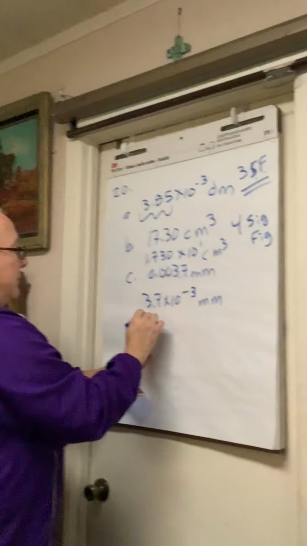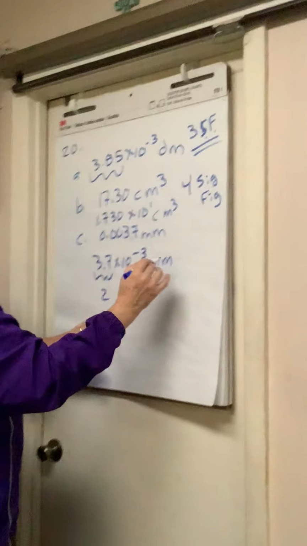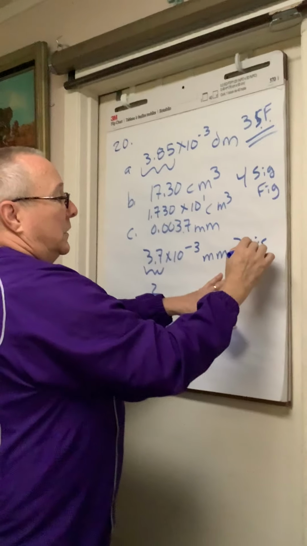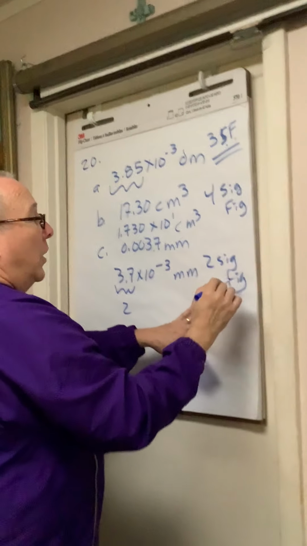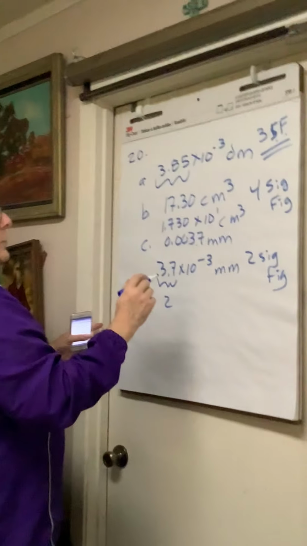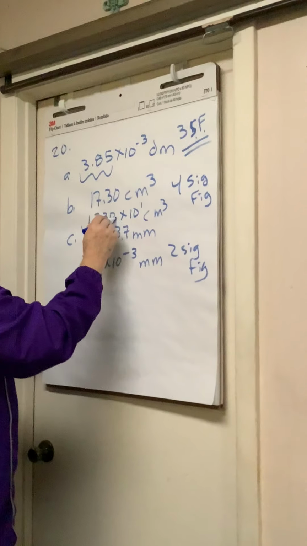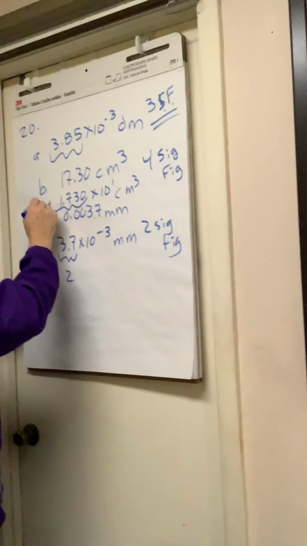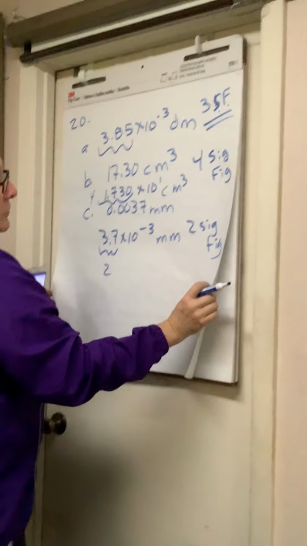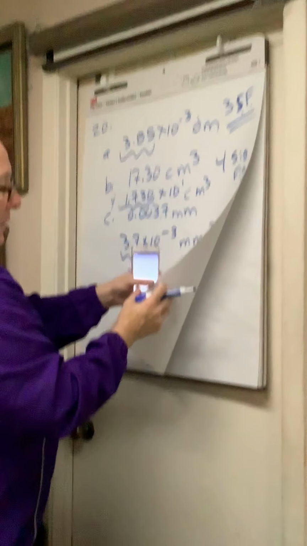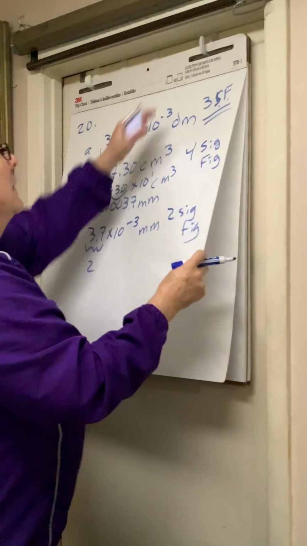And there I've got 2 sig figs. So there's your answers. I didn't mean to do all of them for the first one. And of course, this one is 4. So let's go to the next question. This was just really quick.